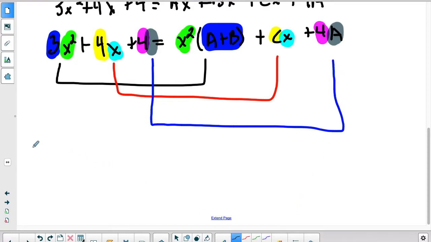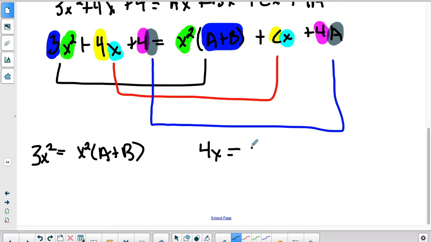So 3x squared matches up with our x squared times (a plus b). Our 4x is matching up with cx. And our 4 is matching up with 4a.